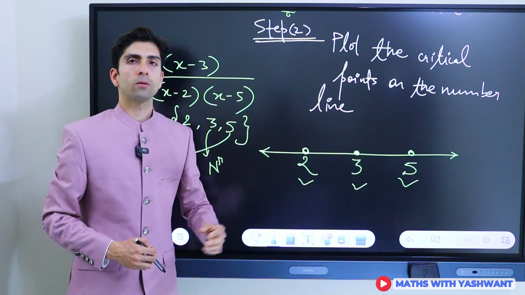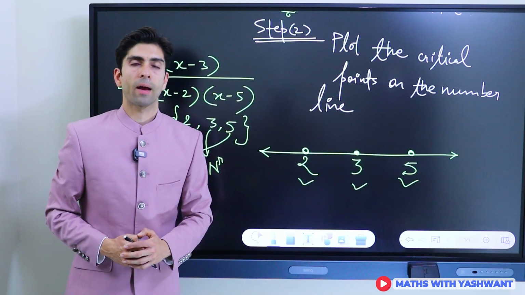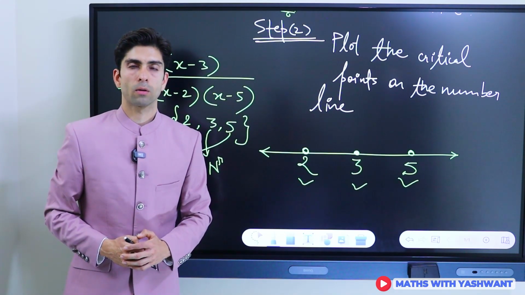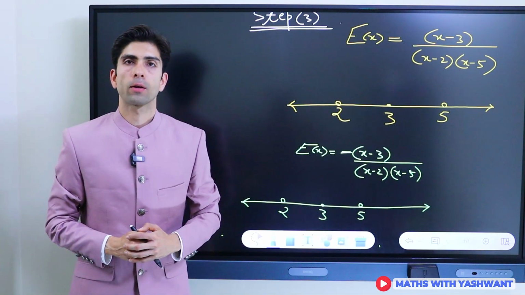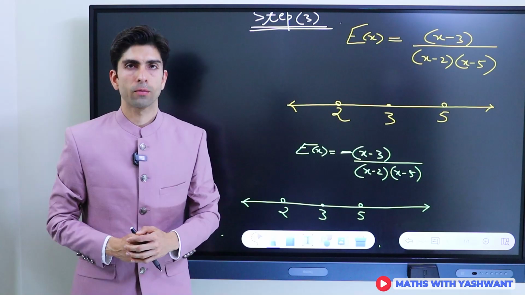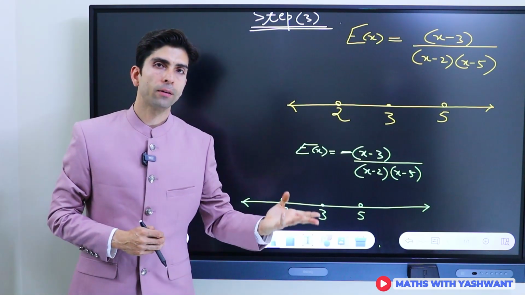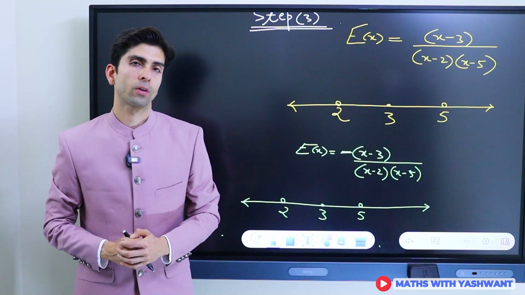So an open circle is a way to represent that the expression value is not defined at these points of x. So in step 2, we have marked the critical points in ascending order on the number line using a filled circle or open circle, depending on whether we are getting the critical points from the linear factors of the numerator or of the denominator.